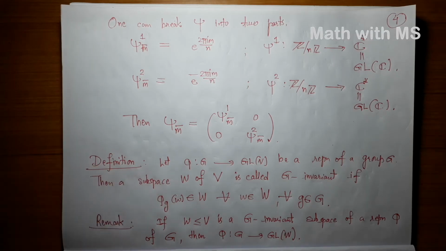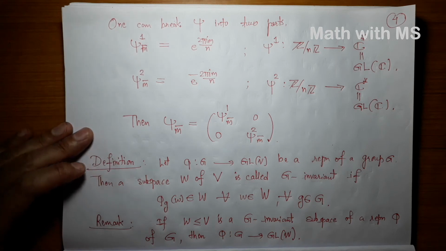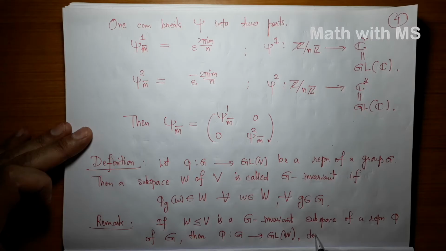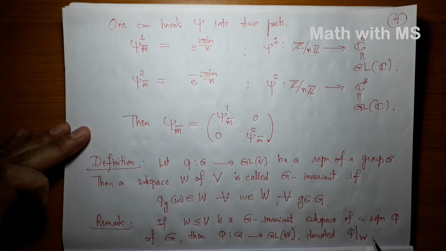There is a conflict of terminology here. Restriction doesn't mean that I'm restricting the map phi somewhere. What I'm saying is that I can view this phi as a map going into GL W, because phi of any little g is an invertible linear transformation of V, but is also an invertible linear transformation of W. So you view it as an invertible linear transformation of W. We denote it by phi restricted to W, just for the moment.